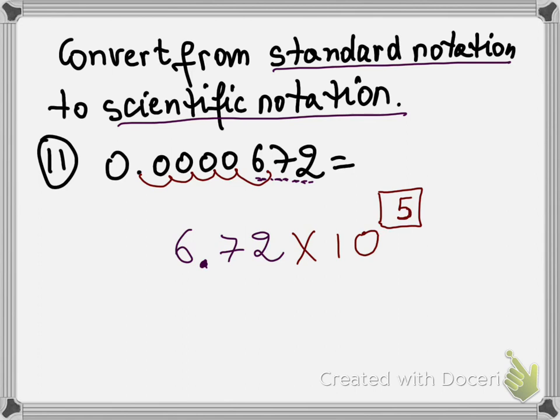Since we moved to the right, that means we have to have exponent negative 5. So 0.000672 is 6.72 times 10 to the negative 5th in scientific notation.